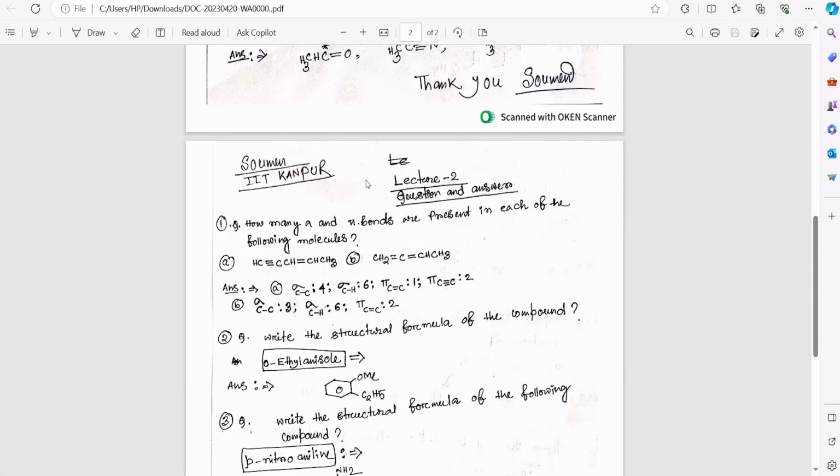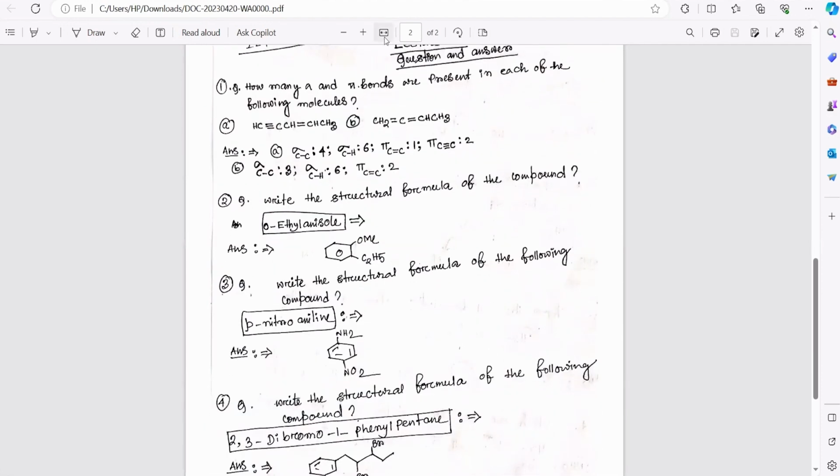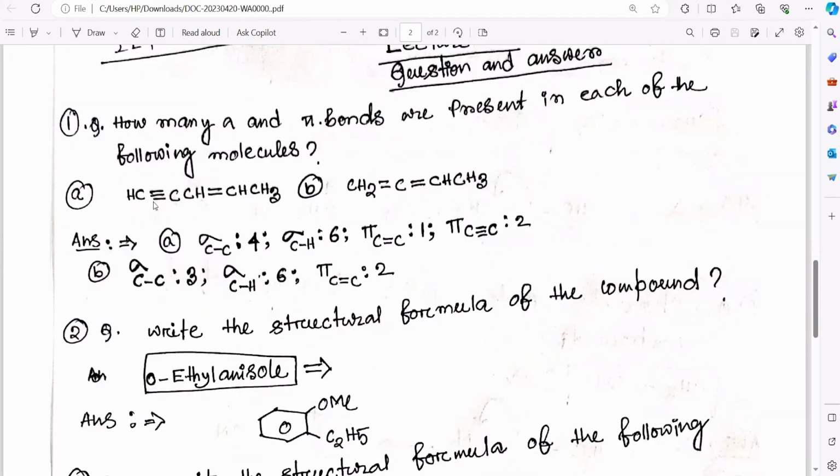Next: how many sigma and pi bonds are present in each of the following compounds? In the previous lecture we also discussed sigma and pi bonds. Take CH triple bond C, CH double bond CH, CH3.